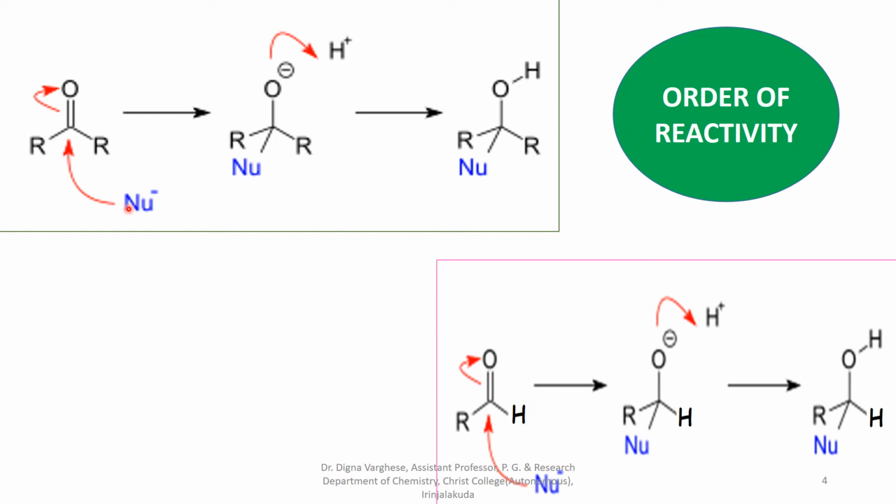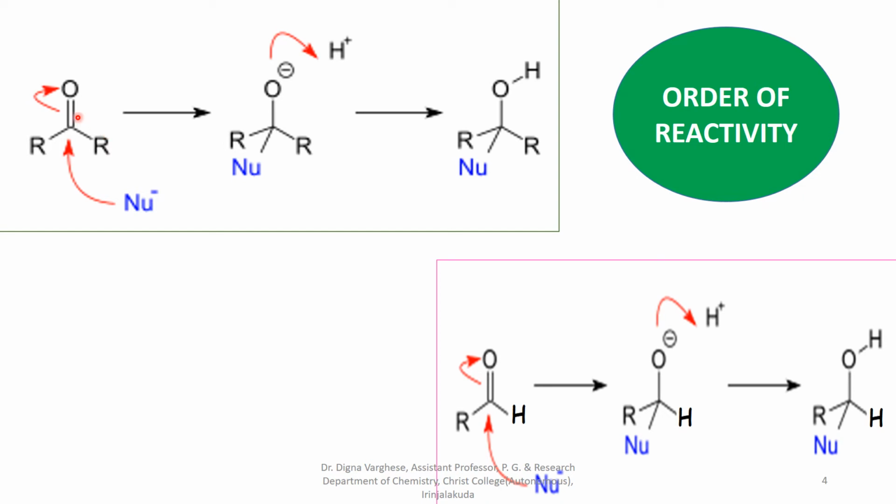Due to the electron releasing nature of each alkyl group in the case of ketone, the electrophilicity of the carbonyl group is more decreased in ketones than in aldehydes. Here you can see the carbonyl carbon has a positive charge, while the alkyl groups are electron releasing due to the plus I effect.